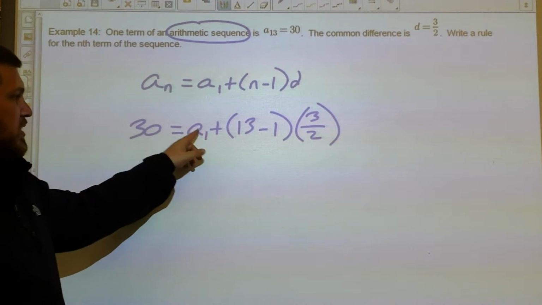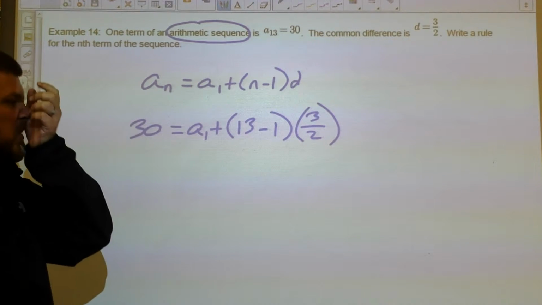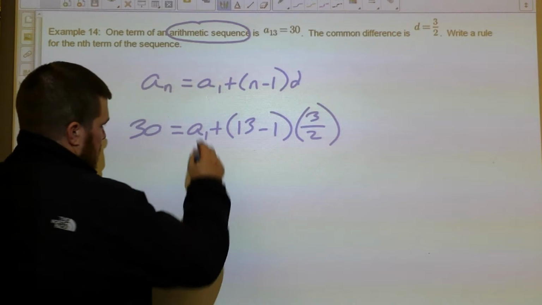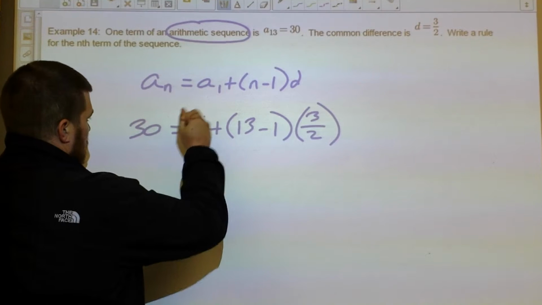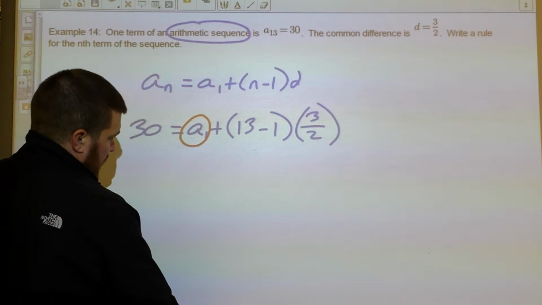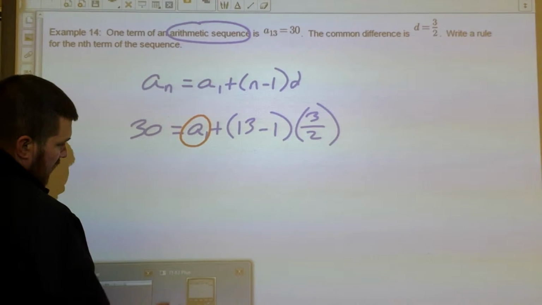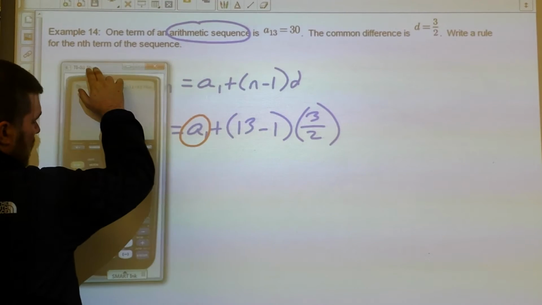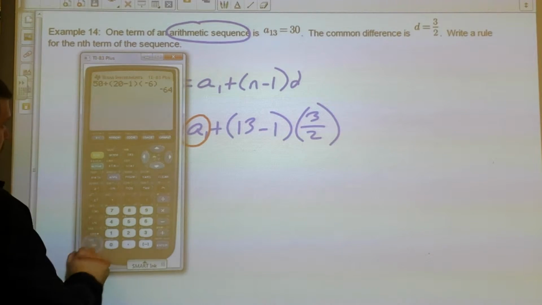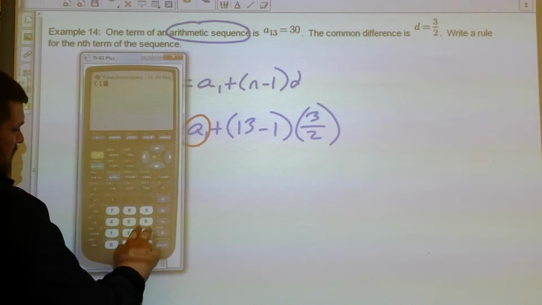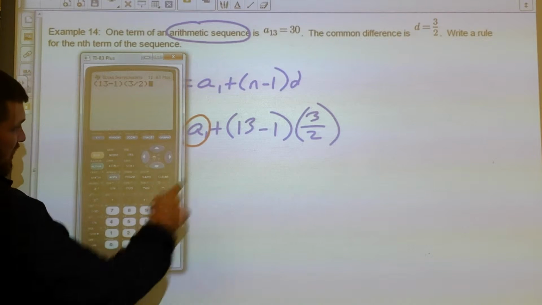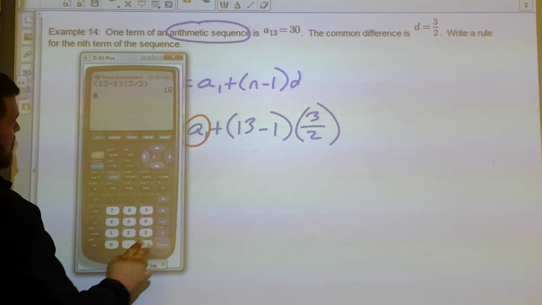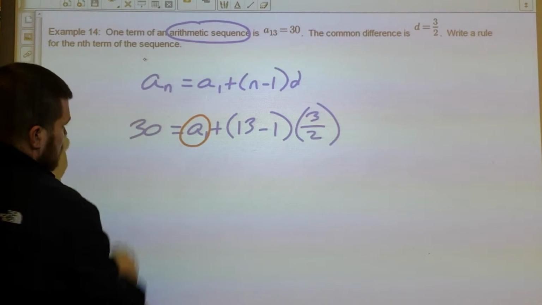Now what we can do is solve for our first position. a of 1 is my target that I'm trying to find. So I'm going to clean stuff up as much as I can first. Over here I'm saying 13 minus 1 times 3/2. Again, that fraction needs to be in parentheses. And I get 18.